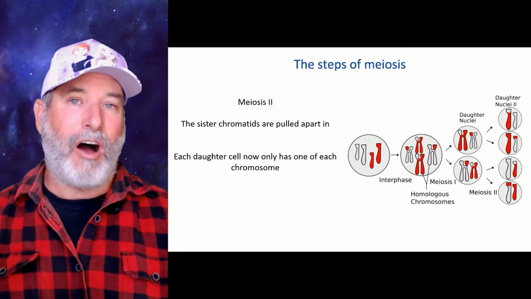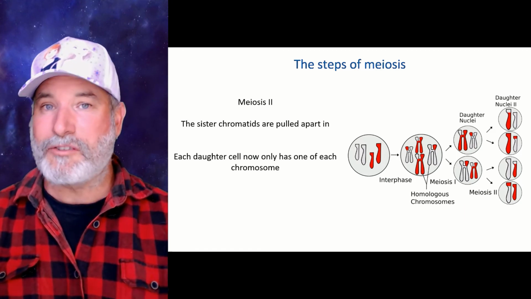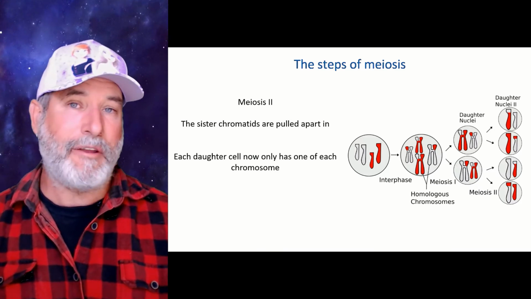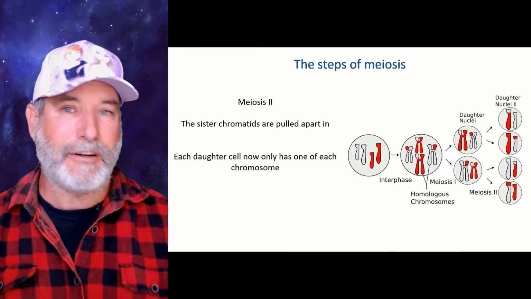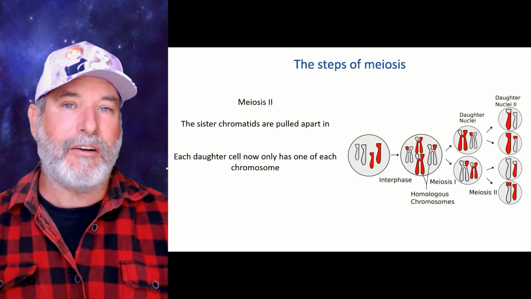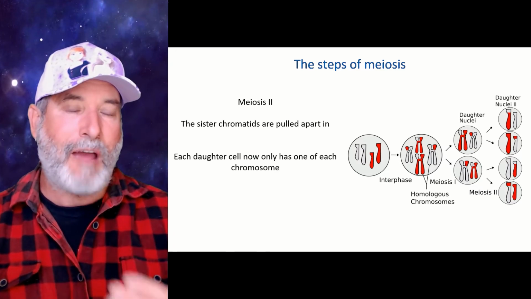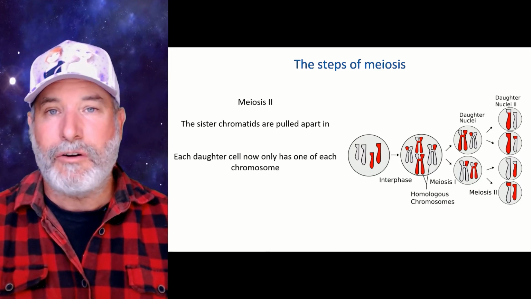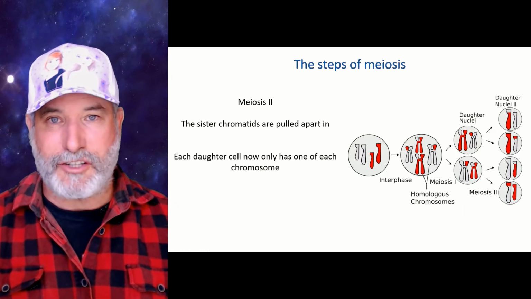Now each of my daughter cells is going to have 23 chromosomes, but they might have some different combination of chromosomes from your mom and your dad, which is one of the reasons why they are different. I'll go into that more in my next lecture. But the idea here is that through 2 rounds of cell division, after meiosis 1, I become haploid, and then at the end of meiosis 2, we pull apart the sister chromatids. We have 4 unique daughter cells.